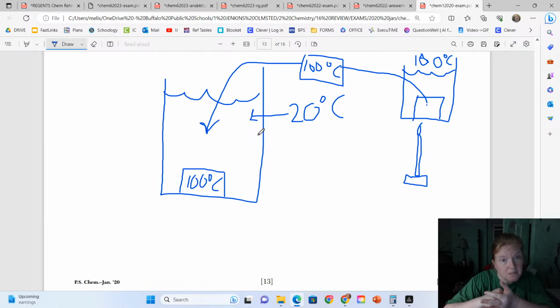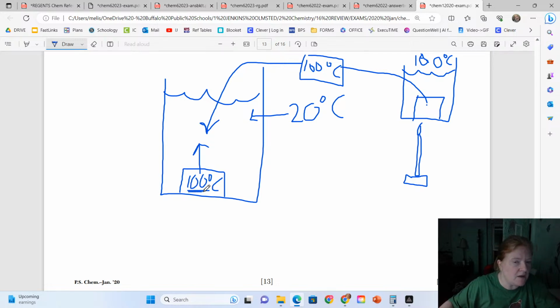I say from what to what. In this case, it's going to go from what was warmer to what is colder, always. So from the iron block to the water, because this is at the higher temperature. Look at the numbers: this is 100 and this is 20. So from the block to the water.